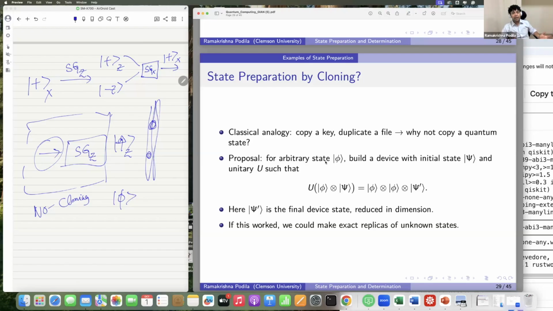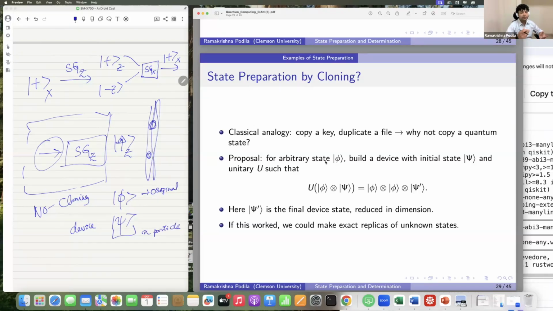So the device state I'm calling psi, and this device is going to produce an extra particle. You have our original particle in state phi, and our device is in an initial state psi with, say, n particles.